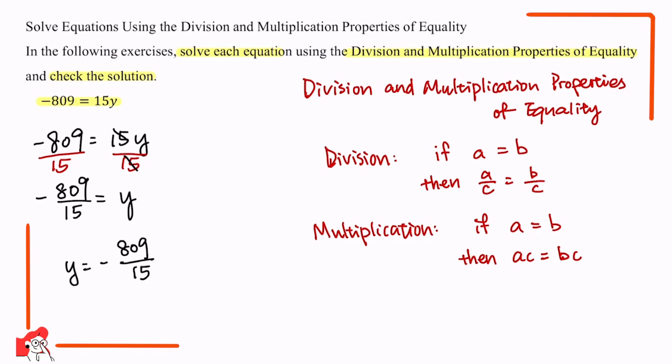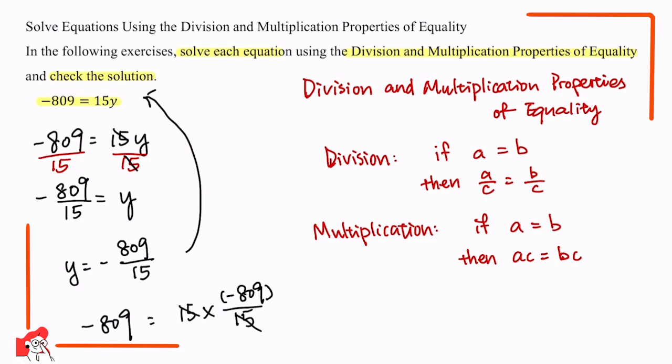And we are asked to check the solution. Then how do we check a solution? Well, we get the number for the variable. We plug that number into the original equation. So here we have negative 809 equals 15 times negative 809 over 15.